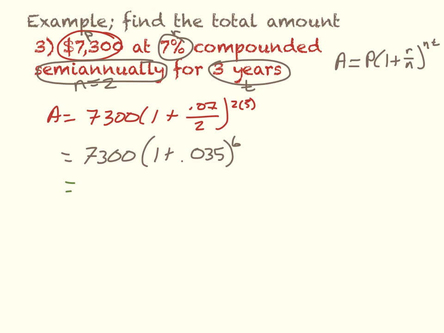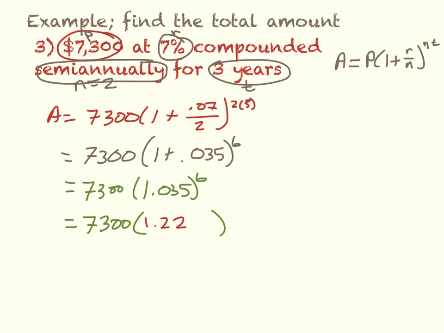So the next step, we have 7,300 times 1.035 to the power of 6. Now I'm going to do the exponent. So I have 7,300 times 1.035 to the power of 6, which we're going to round to 1.229.